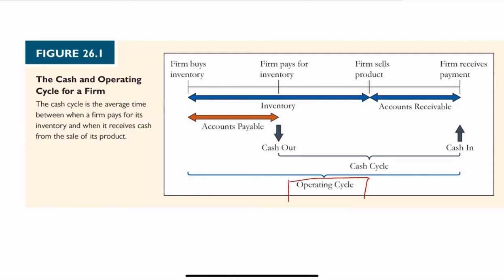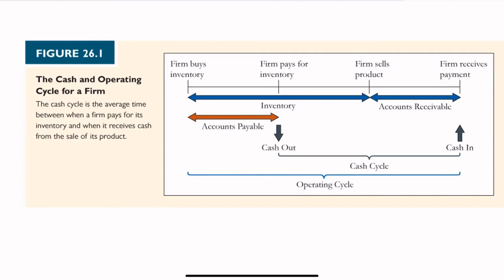You can see that operating cycle concerns one full cycle of operation, right? So it equals inventory days plus accounts receivable days. And then you can see that the cash cycle measures the length of time between cash out and cash in.